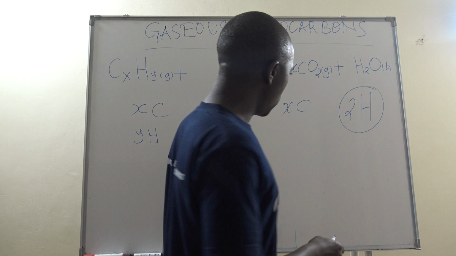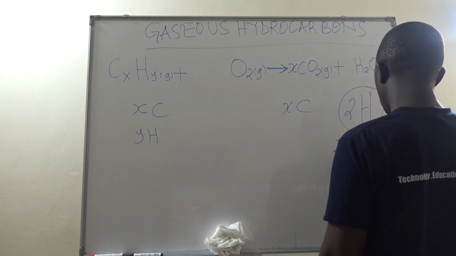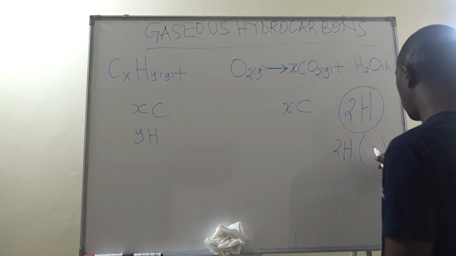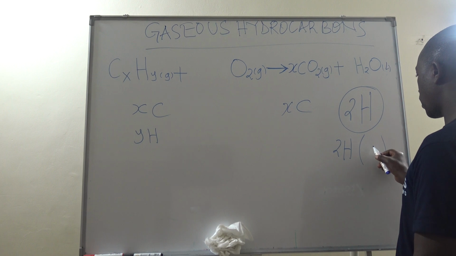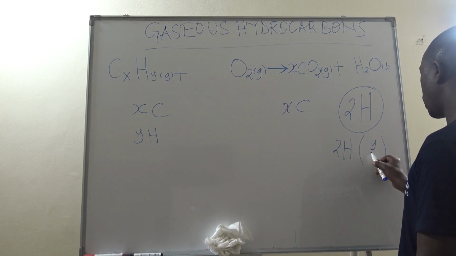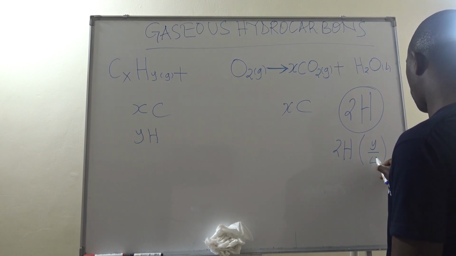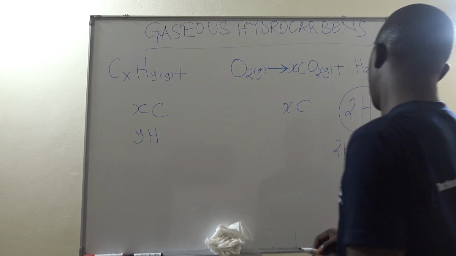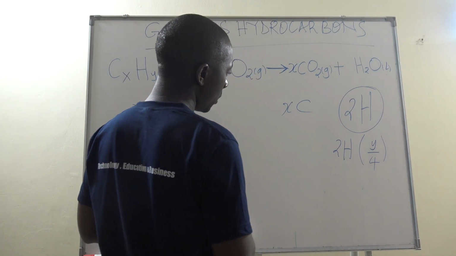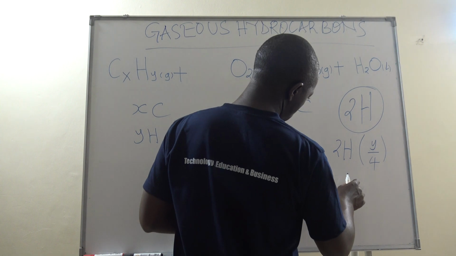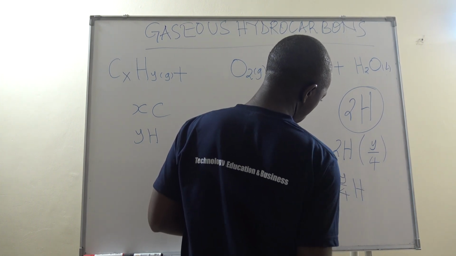So what we can do, we have 2H in brackets, and we can multiply it by Y over 4. When we multiply by Y over 4, we get 2Y over 4 hydrogen.